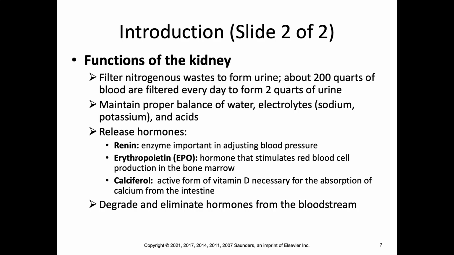Really quickly, erythropoietin is a hormone that stimulates red blood cell production in the bone marrow, and you may hear it most often with cancer patients who are getting chemotherapy and need an erythropoietin supplement to produce more red blood cells because they may be anemic due to the chemotherapy.